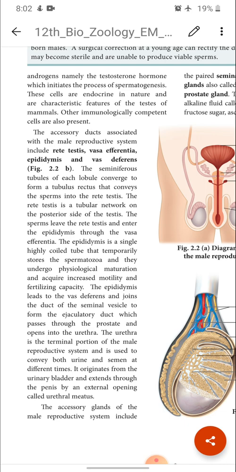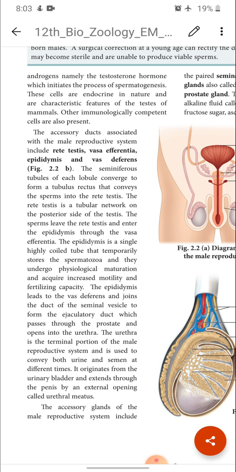Okay. Next, what happens? The seminiferous tubules of each lobule converge to form a tubulus rectus. That means the seminiferous tubules of all the lobules join together to form the tubulus rectus, and that conveys the sperm into the rete testis.